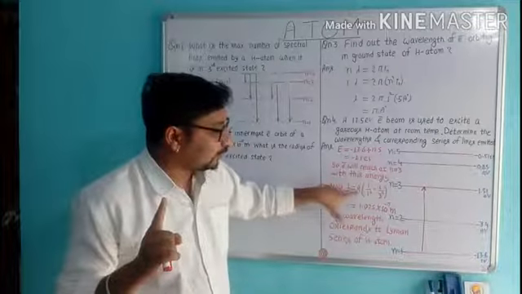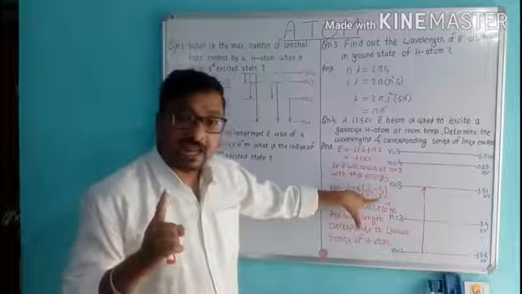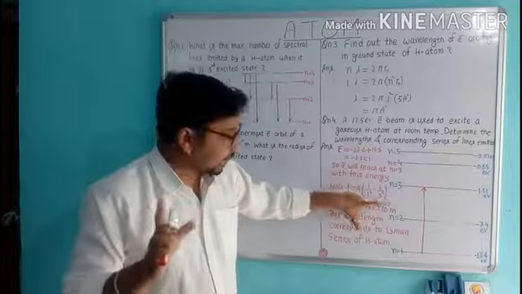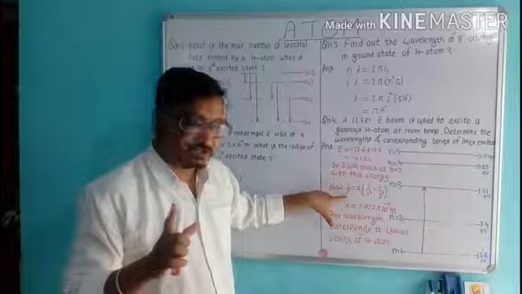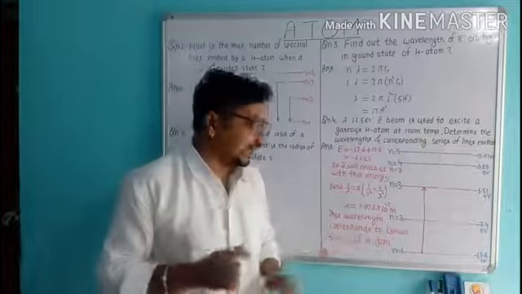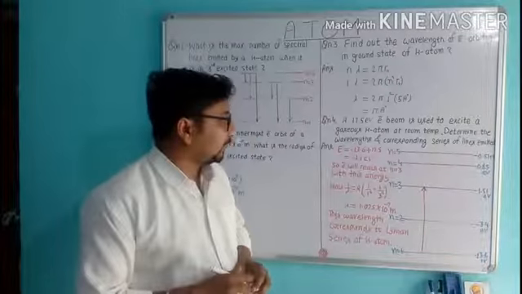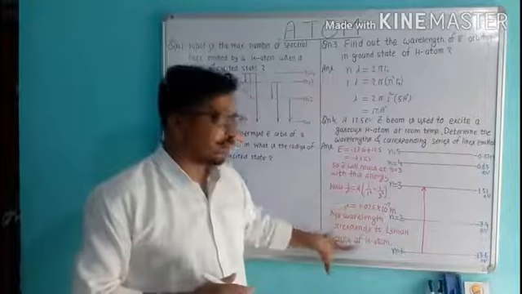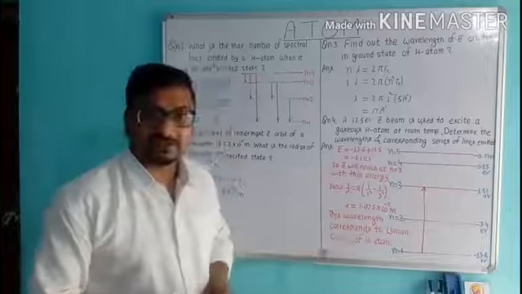Here n is 3. So this is the wavelength corresponding to the Lyman series of the hydrogen atom. Okay, now we have calculated the wavelength and corresponding series.